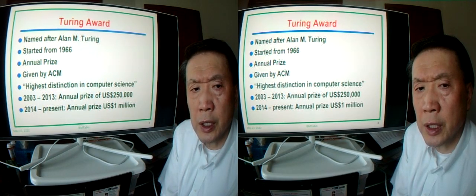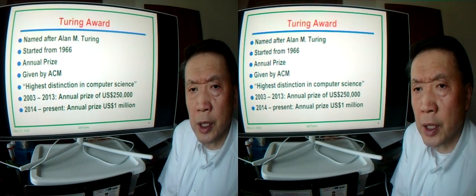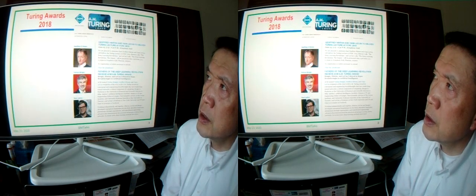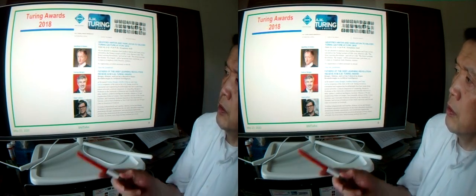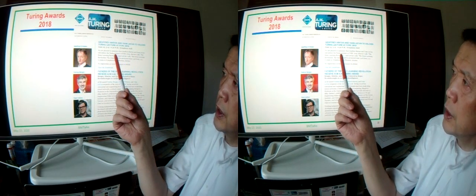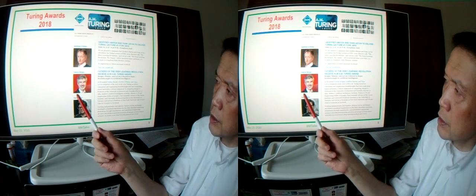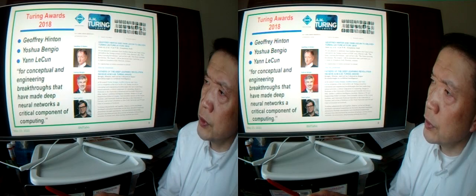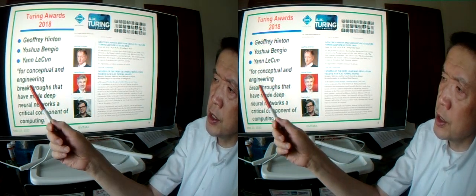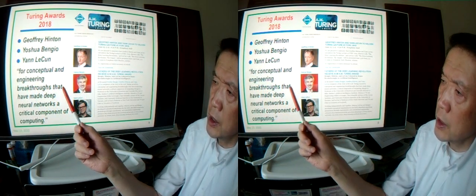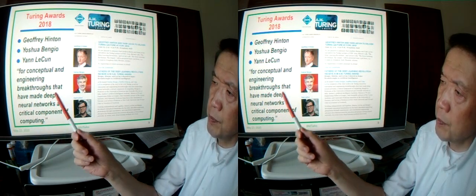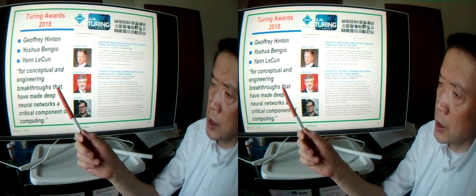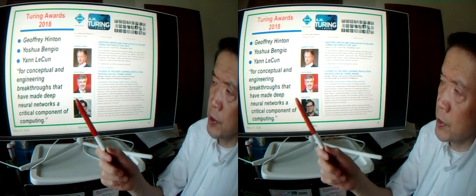But you will see the quality is not exactly the same. The 2018 Turing Award was given to Geoffrey Hinton, Yoshua Bengio, and Yann LeCun for conceptual and engineering breakthroughs that have made deep neural networks a critical component of computing.